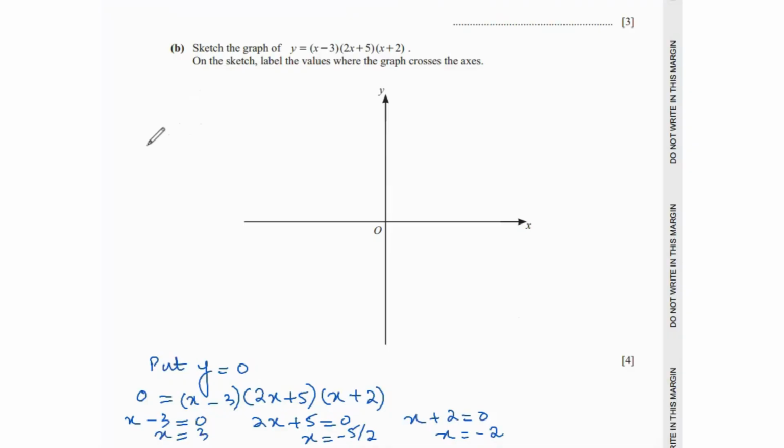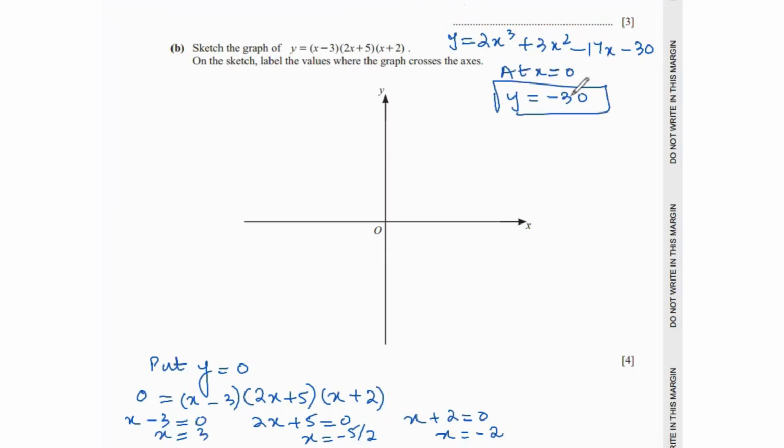These are our x-intercepts. For the y-intercept, if we notice, we're using the same equation as the first part. So the expanded form was y equals 2x cubed plus 3x squared minus 17x minus 30. So the y-intercept would be when x equals 0. So that would be negative 30. So we have our x-intercepts and the y-intercept.